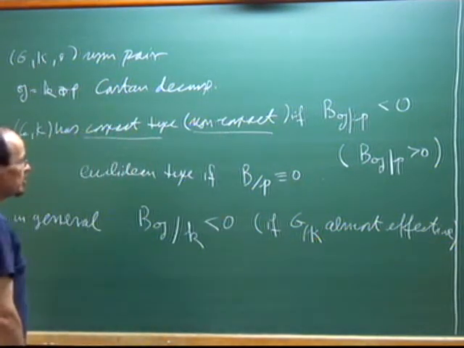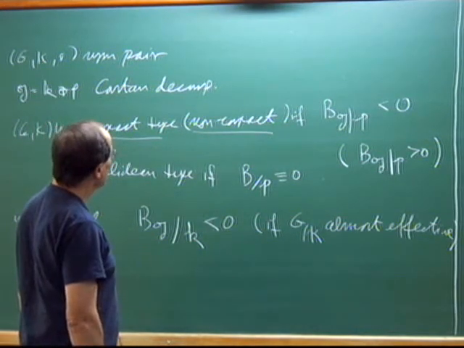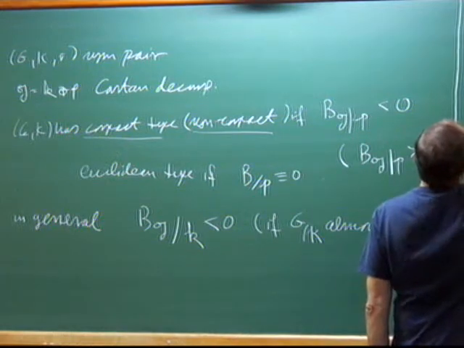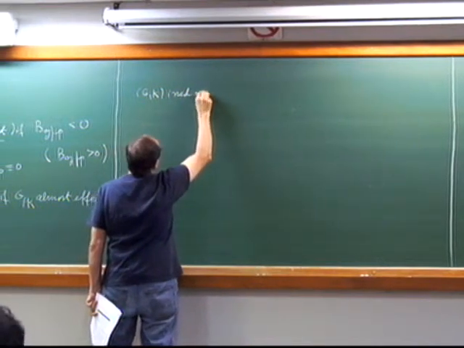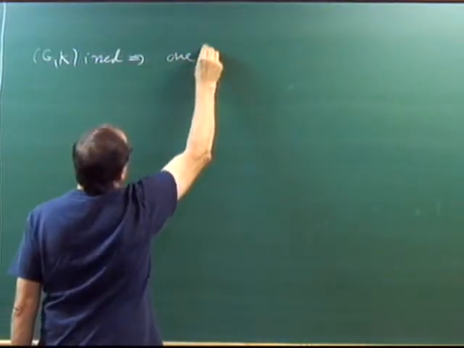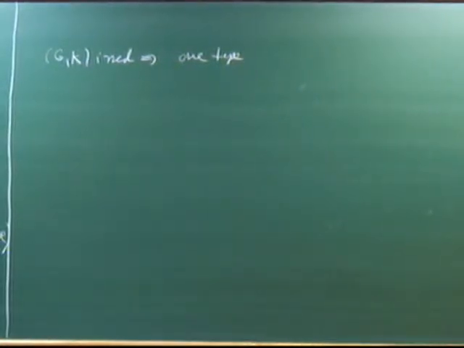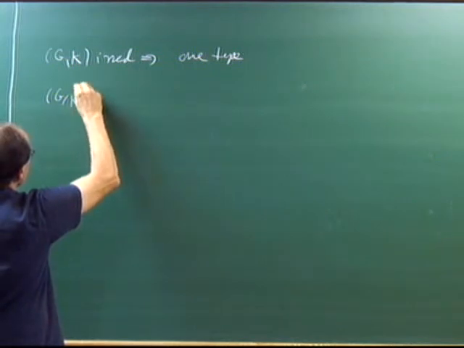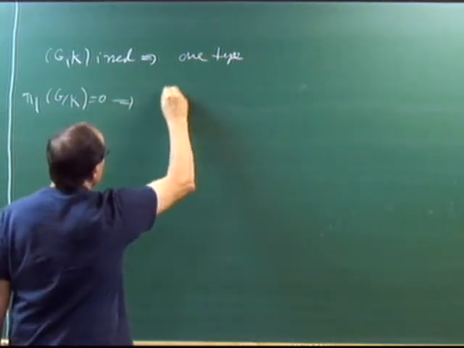And then we wrote down several general properties. Let's see, I write them down here. G, K irreducible implies it has only one type. So either compact, non-compact or Euclidean type. G mod K simply connected implies it's a product.